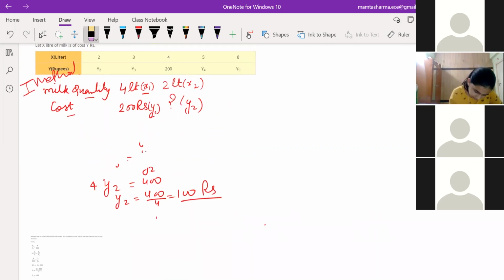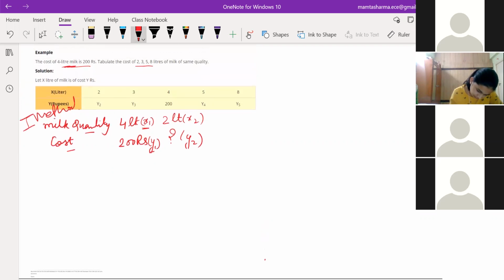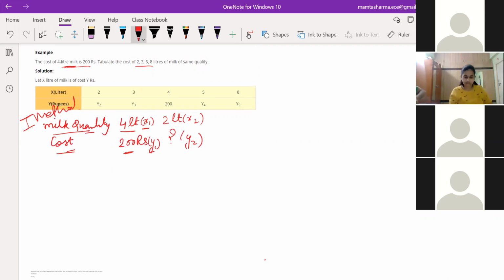Okay. In all these direct and inverse proportion questions, two quantities will be given. Here milk quantity and cost are given. For 4 liters the cost is 200 rupees. Now it is asking for 2 liters, what will be the cost? Let's say this is x1, y1, this is x2, y2.